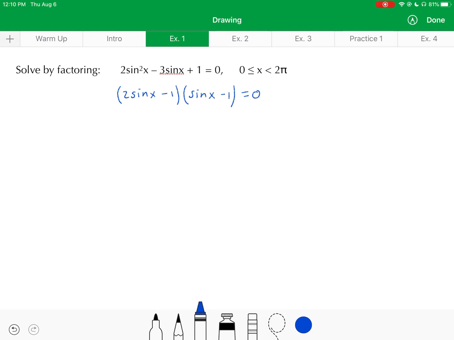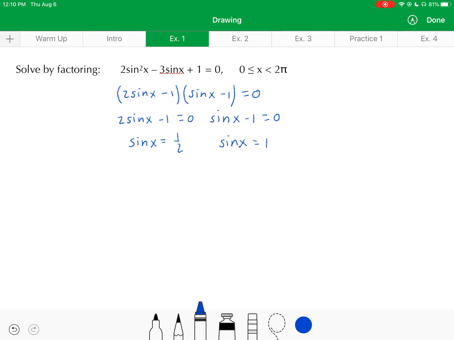Since the factors are being multiplied to equal 0, we can use the zero product property and say that each factor should equal 0. And then we're going to isolate sine of x in each one of these new equations and then solve for x.